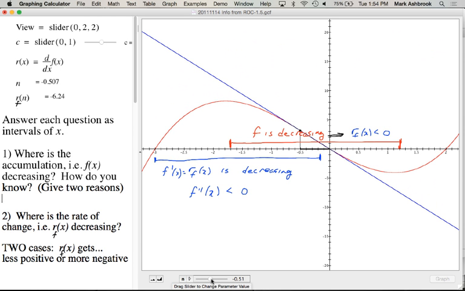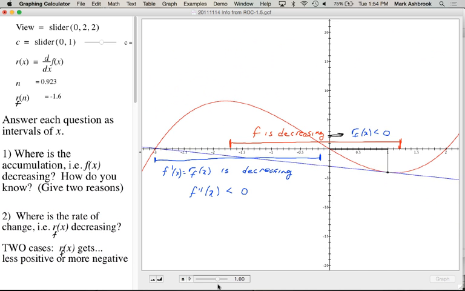Okay? So what does that mean for this part? Tell me about this. What is the rate doing now? Starting from here, what's the rate doing now? The rate is increasing. Increasing happens one of two ways. Increasing can be less negative. So at the beginning, the rate of change is getting less negative, and then more positive.